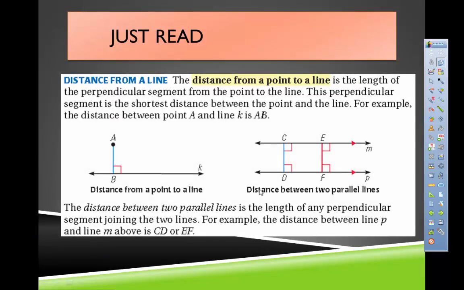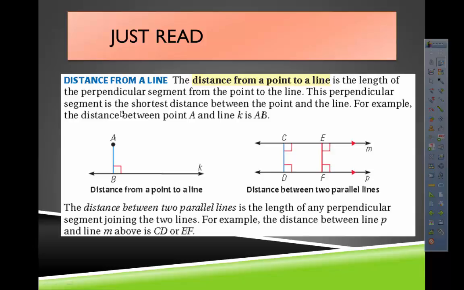Okay, so now we get to the distance stuff. The distance from a point to a line is the length of a perpendicular segment. It's always the length of a perpendicular segment.